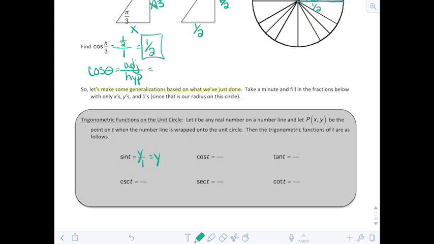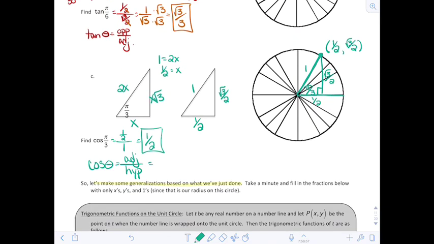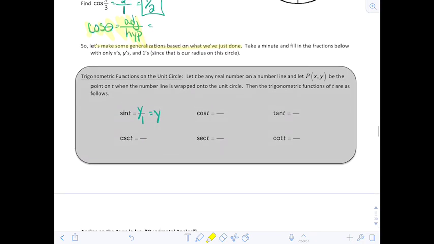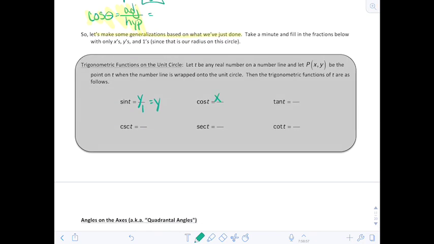The cosine of t, when we looked at cosine of pi over 3, cosine is always adjacent over hypotenuse, always. And when we look at the unit circle, that's always going to be the x coordinate over 1. So we can associate cosine with the x coordinate. So I can say that the cosine of t is x over 1, and that it's just x when simplified.